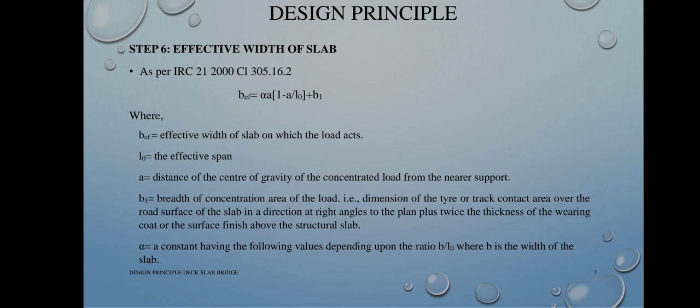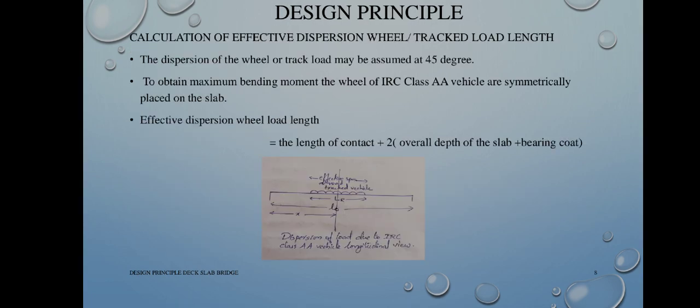Alpha is the constant having following values depending upon the ratio B by L0, where B is the width of the slab.